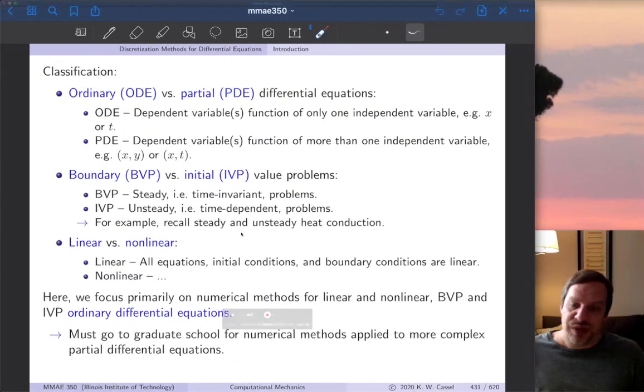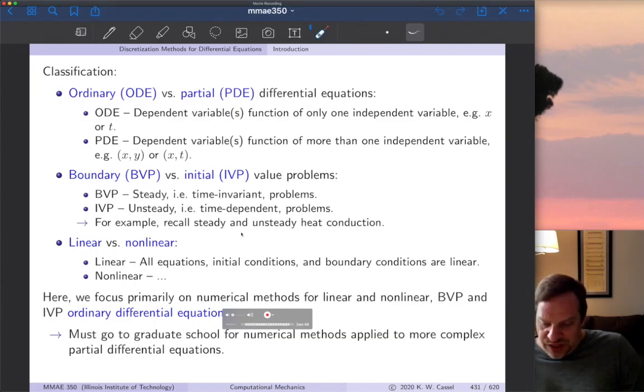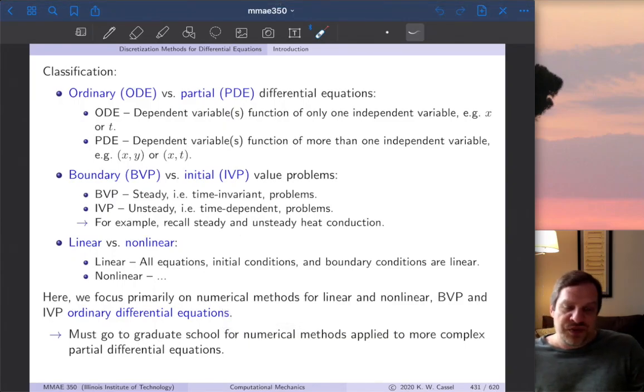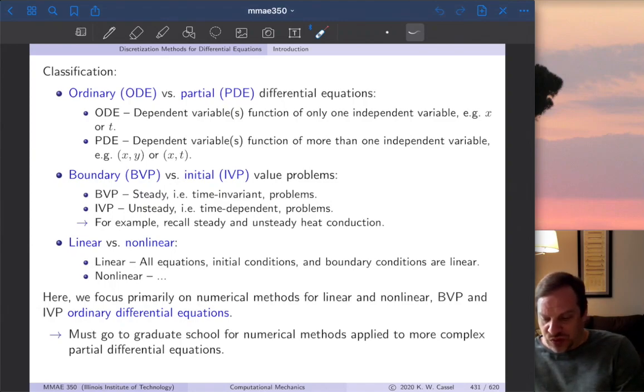All right, so back to the way we classify these equations. I'll give you 3 of the main classifications of differential equations, and basically every differential equation is one or the other of each of these 3 pairings. So it's either an ordinary or partial differential equation, ODE or PDE. This distinction isn't actually terribly important.